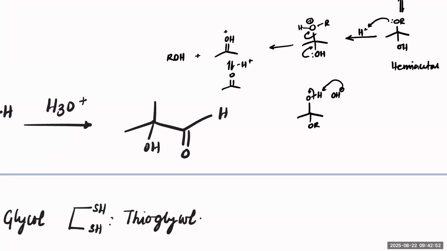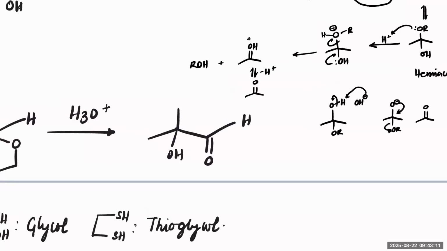So by which you'll notice that O minus will be there and OR will be there. So this will push and remove this OR to convert back into ketones. So which means hemiacetal is unstable in both acidic and basic medium, but acetal is stable in basic medium but unstable in acidic medium. Got it? Yes, sir.